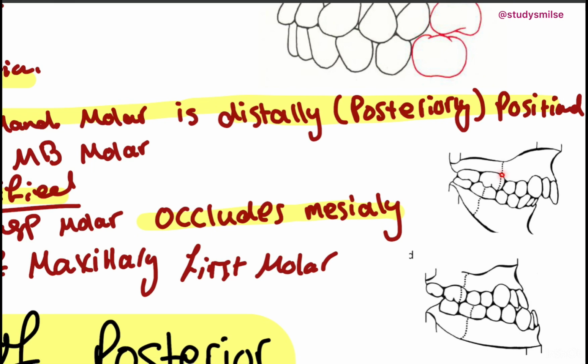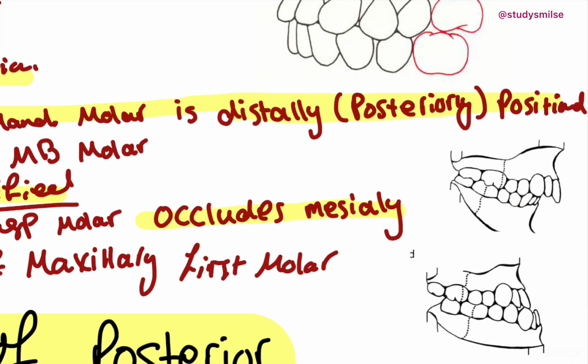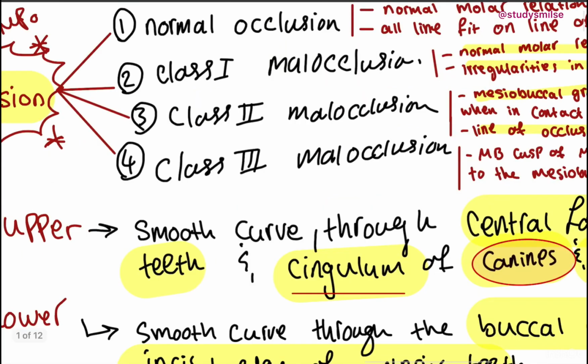We want this mesiobuccal cusp to be in line with the groove of the lower first molar. But here you can see it's more anterior. These patients are also referred to as the duck smile, because usually these types of patients have their upper incisors protruded to the outside.